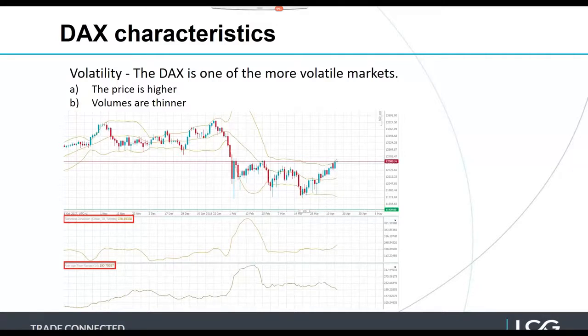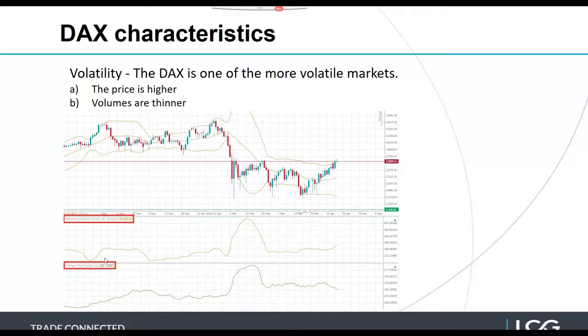So you can see here the average true range, a fairly good indication of volatility and the number of points you can expect to move in a 24-hour period. It's not quite the same as the true range, which is just the daily range, but this is generally more widely followed, a better indication. 190 points it is at the moment.